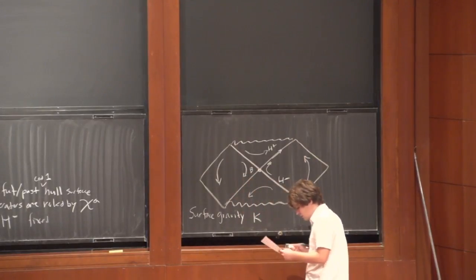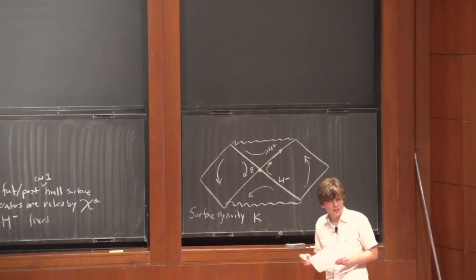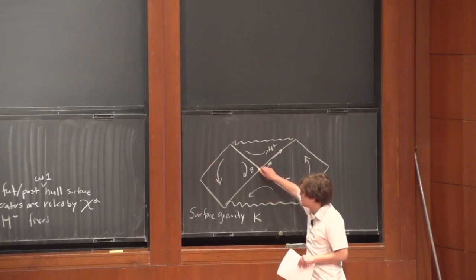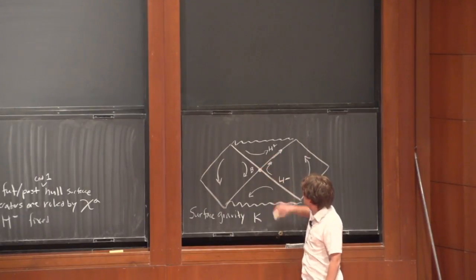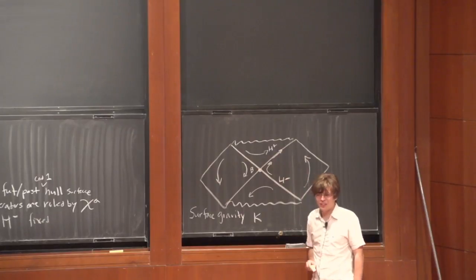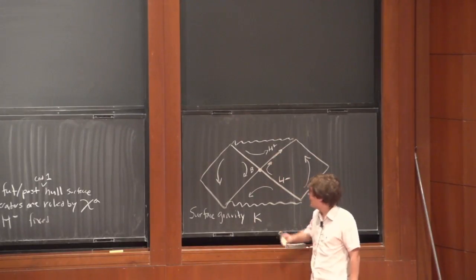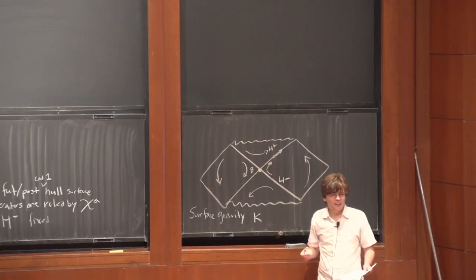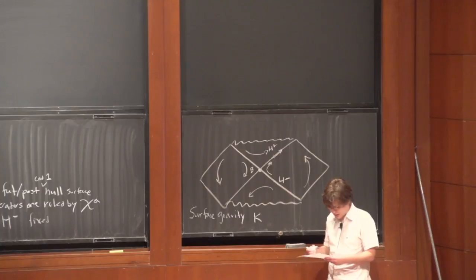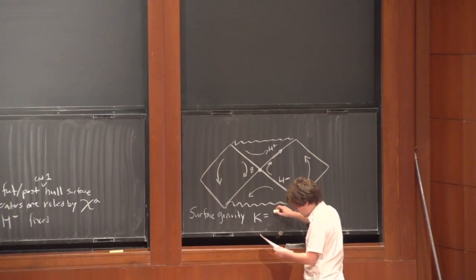The motivation for the definition I'm about to give is that the surface gravity looks like a boost at the bifurcation surface, and actually, if we ignore the fact that it translates points, it looks like a boost on the Killing horizon itself. So we just need to find out how much its magnitude is.